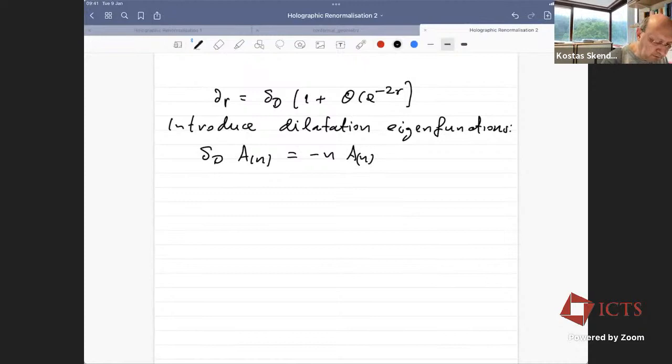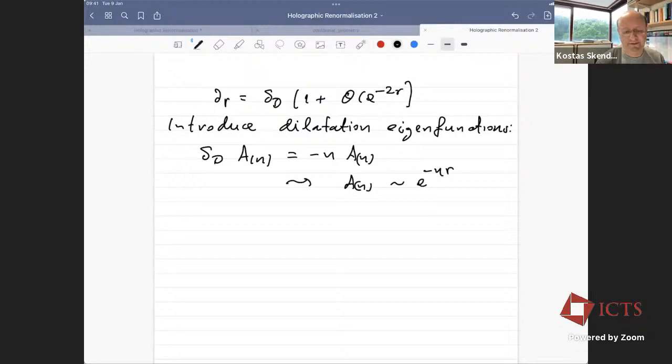Now, if you compare, since this is the same as in the bulk, this is realized by the radial direction. So this means that A_N would behave asymptotically to leading order in this fashion.